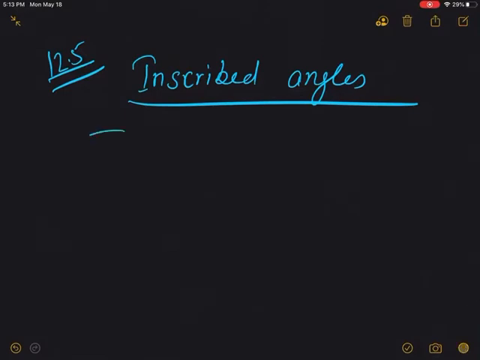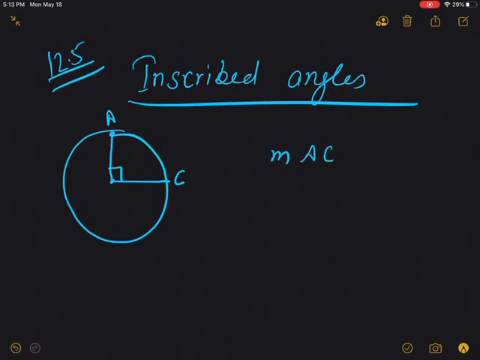First of all, this is something you should know. This is arc AC. If I ask you to find the measure of arc AC, can we do that? What I see is this is the central angle.